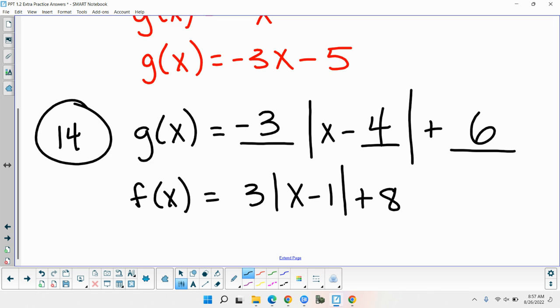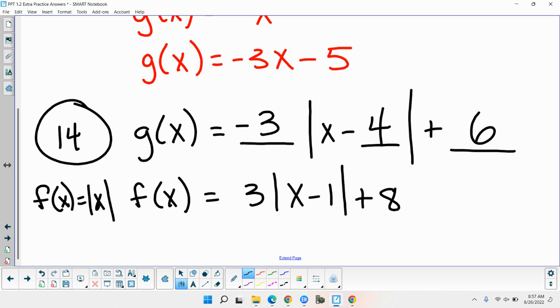Okay. Now, if we were just looking at this, okay, and thinking of our parent function as being this, what's that tell us what's happening? Vertical stretch by a factor of 3.